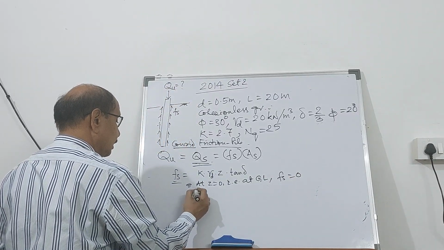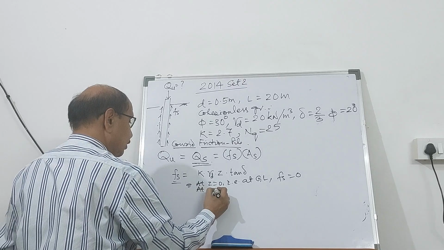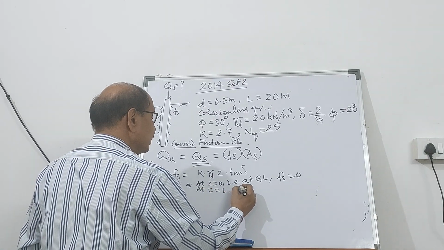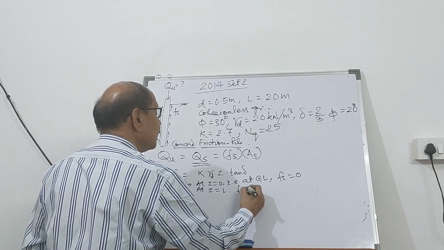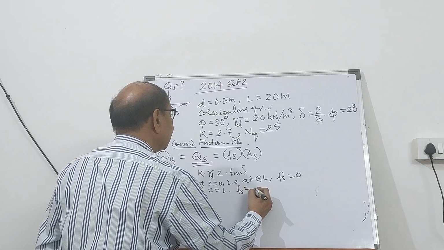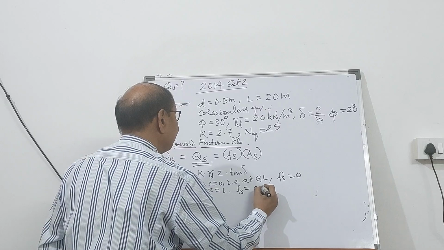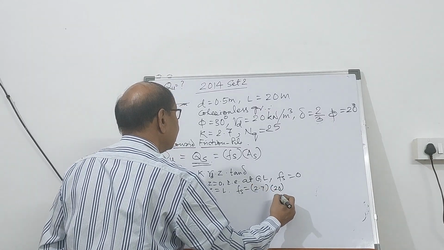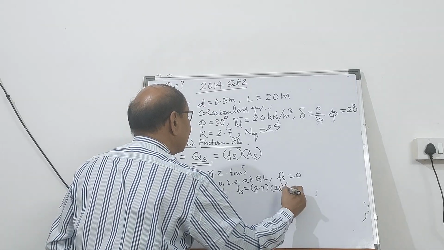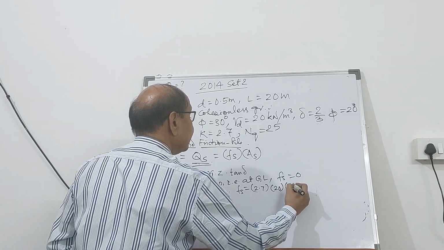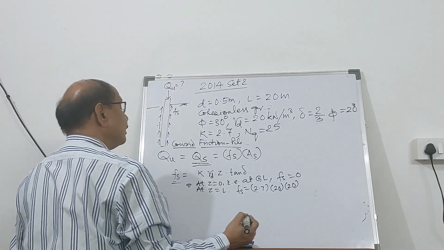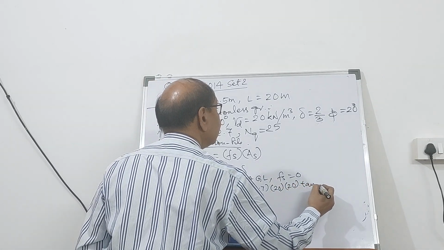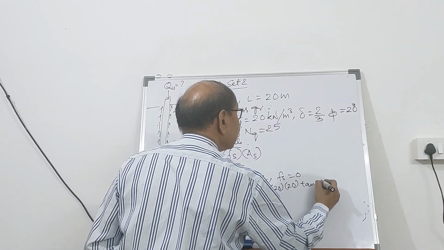And at Z equal to L, that is at the pile tip, the value of Fs will be K, which is 2.7, multiplied by gamma d 20, and Z becomes L, L is also 20, and into tan of delta, that is 20 degrees.